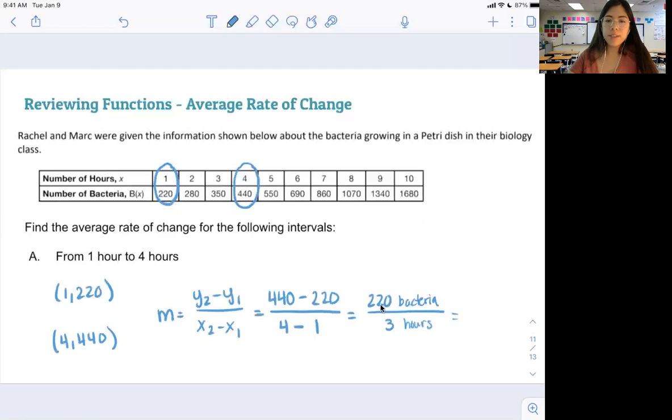So my final answer, once I divide 220 divided by 3, what do I get? It's about 74, yeah. I would leave it as a decimal for now, but you might see it as a multiple choice or fill in the blanks. You always want to read carefully as to what it says. So let's just say round to the nearest tenth for this one.